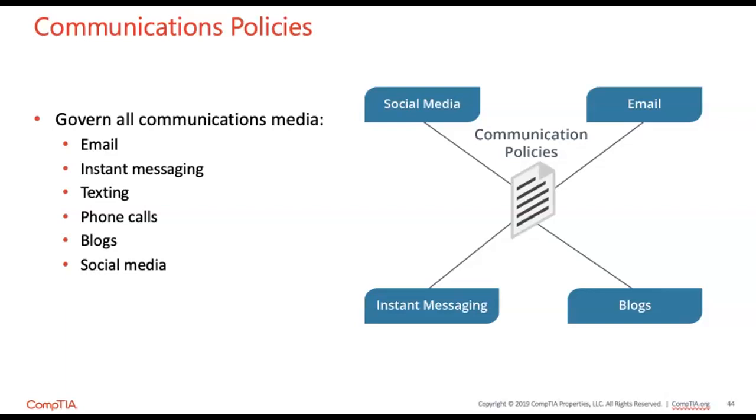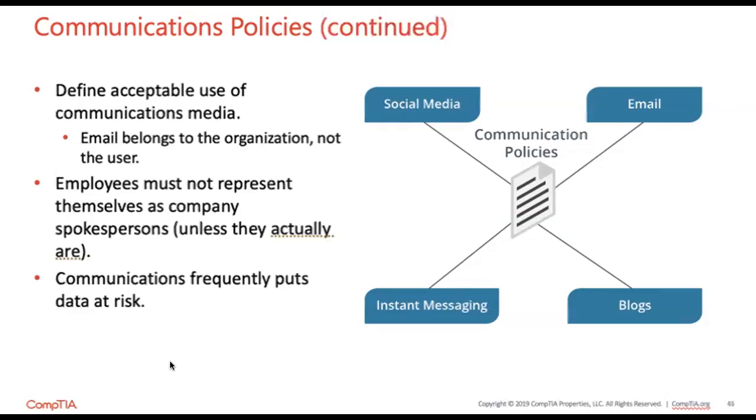When we go into the elements of communication, we're looking at representation protocols to prevent unauthorized spokesperson activities or data risk associated with the communication as well. So with communication policies, again, being able to understand what the data risk associated with each communication is, and then being able to mitigate those risks based on what we've already discussed with risk management much earlier on.